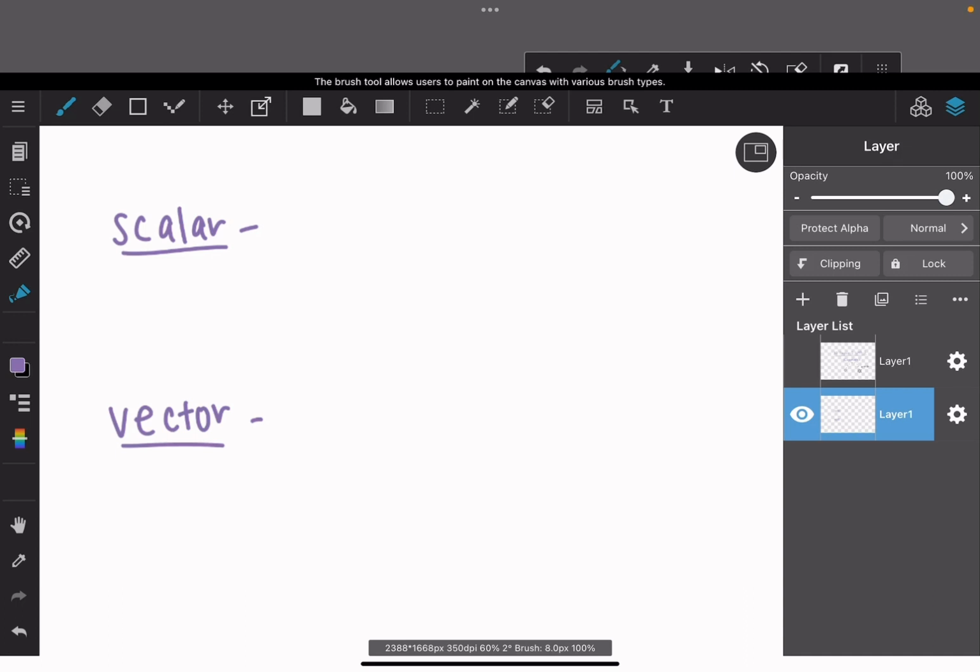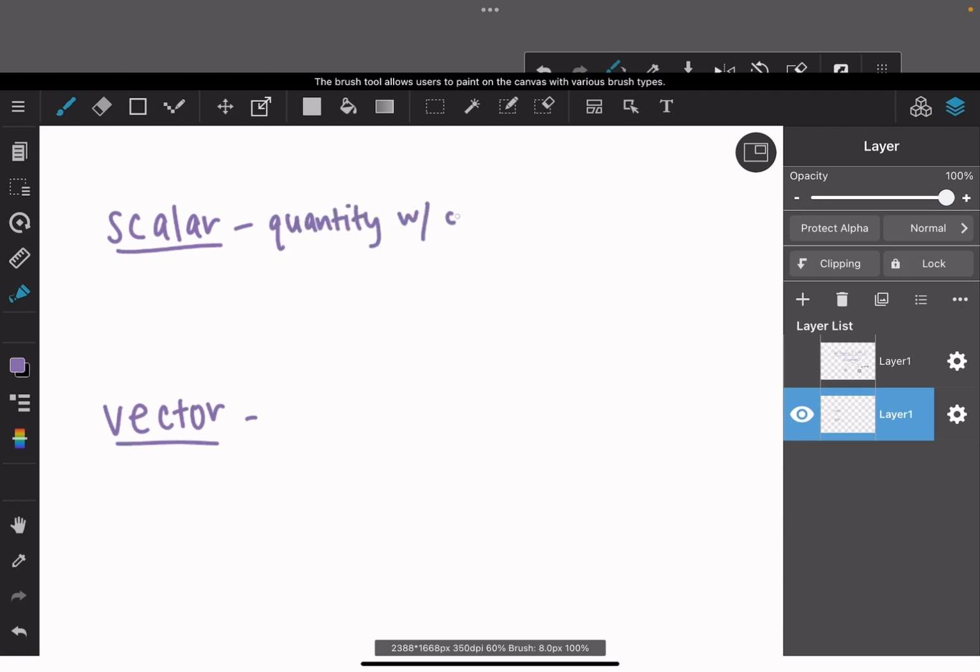So the first thing that you would need to know is the difference between a scalar quantity and a vector quantity. A scalar quantity is a quantity with only magnitude. So this means that it has a single numerical value indicating the amount, so your answer would just be units.